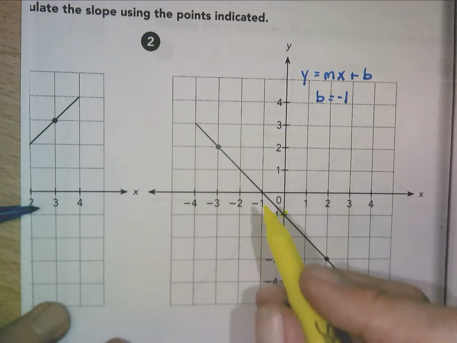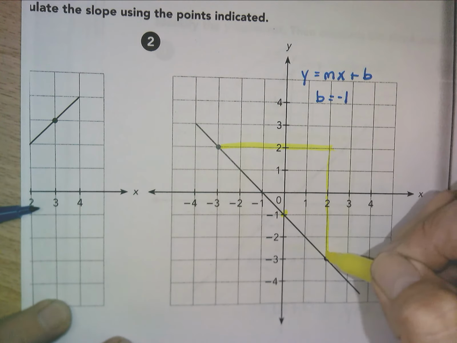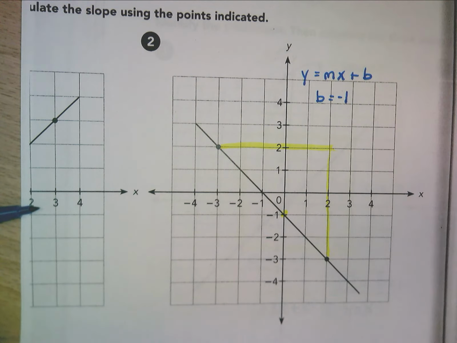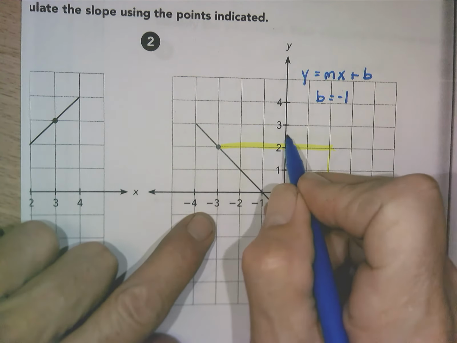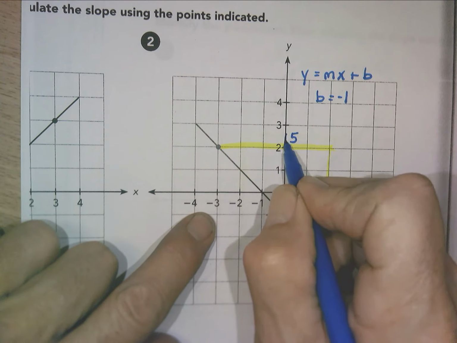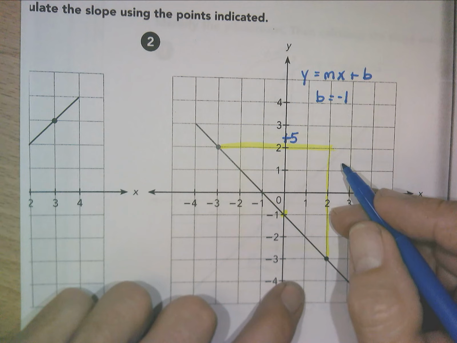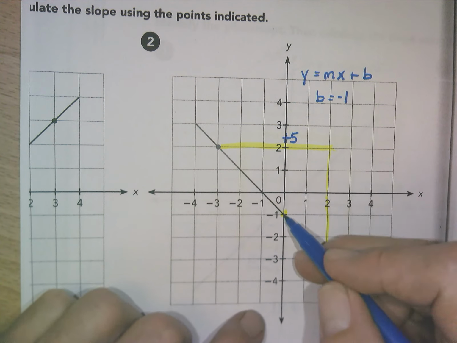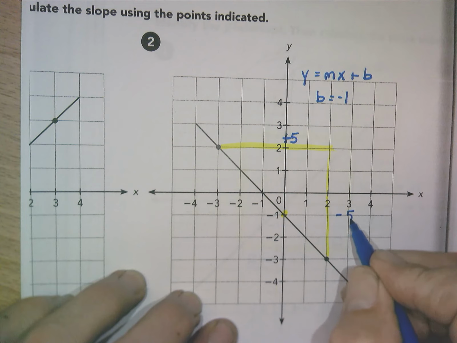To find slope, I'm going to go over and then down. So my run goes from -3 to 2, which is 5. My rise is negative because I drop. So I go down 1, 2, 3, 4, 5. I go down 5.